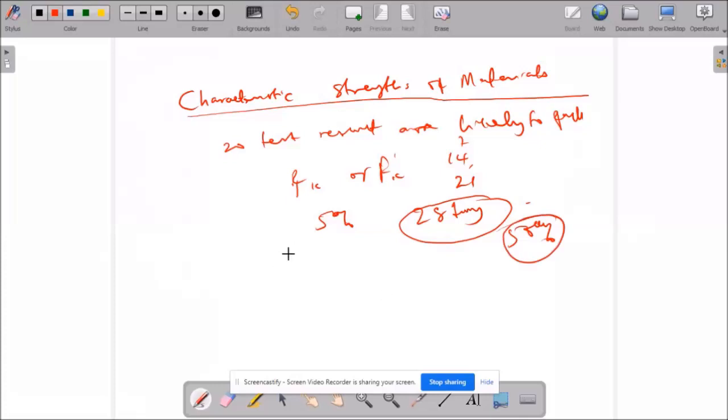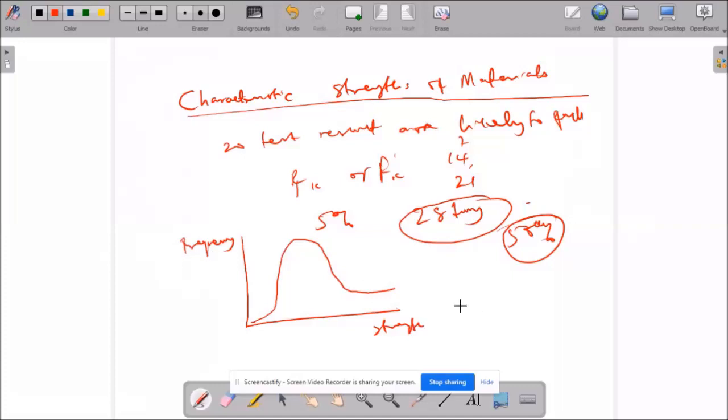So at 28 days, we plot the strength, and this forms a bell-shaped graph. We obtain a distribution in this form, where this is the frequency, and we have the strength.